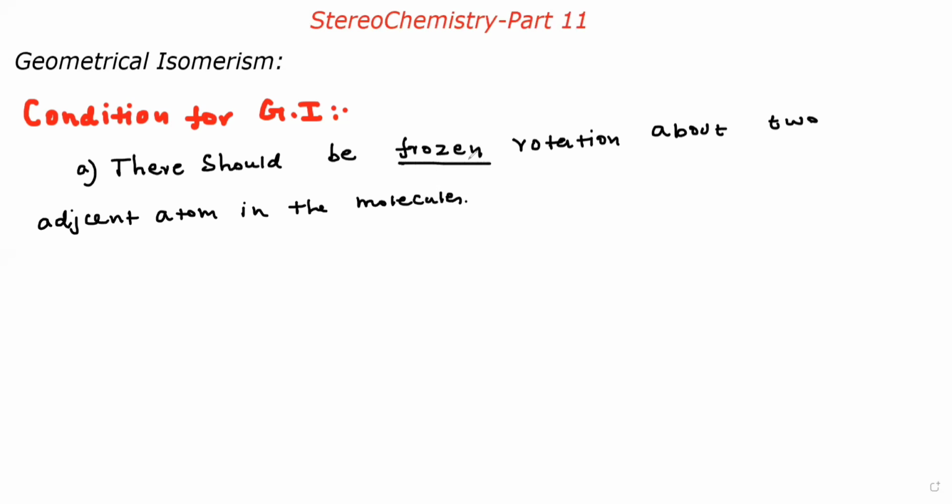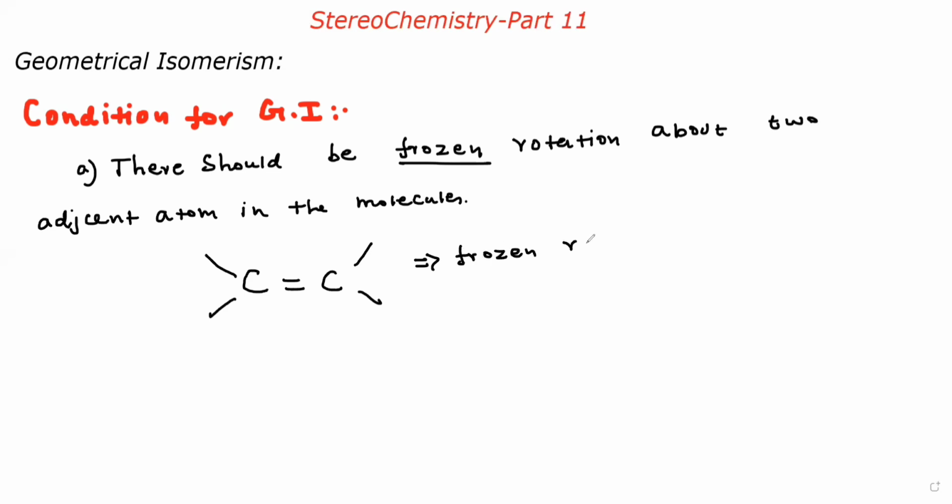What is frozen? It means restricted, not able to rotate about the carbon-carbon bond. See the example: carbon double bond carbon has restricted rotation. We cannot rotate the carbon-carbon double bond. Therefore, carbon-carbon double bonds show geometrical isomerism.